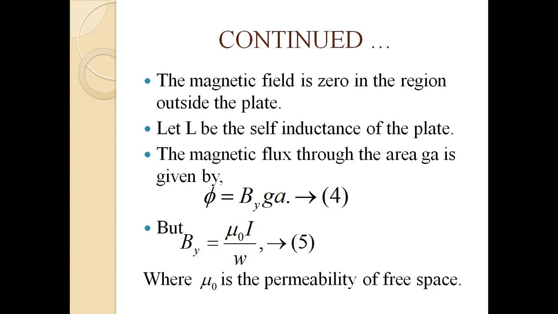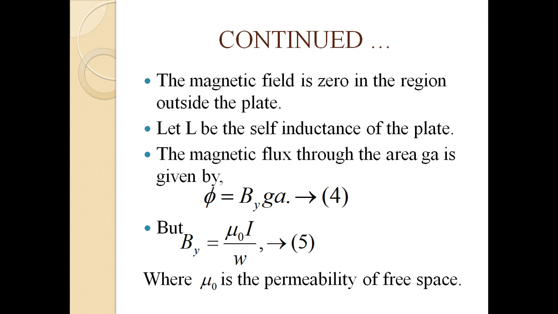Let L be the self-inductance of the plate. The magnetic flux through the area dA is given by phi equal to B by GA. But B equal to mu 0 I by W, where I represents the current through the plate.